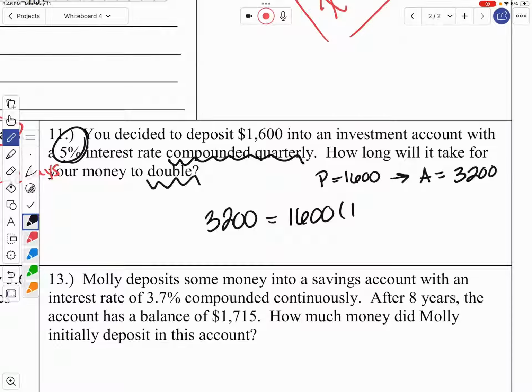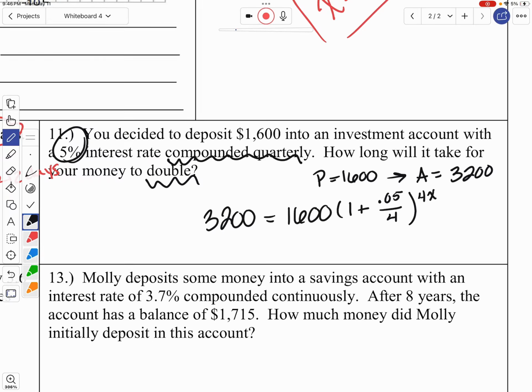So it means the original 100, that's where the 1 comes from. Okay, it's going to grow at 5%. So 5% as a decimal is 0.05. Quarterly, so we're going to take our rate and split it up into 4 times a year. We're going to look at it 4 times a year for a certain amount of time. We don't know how much time.